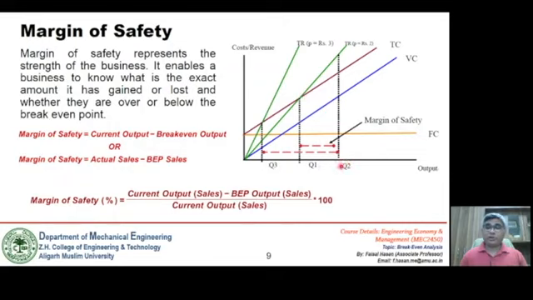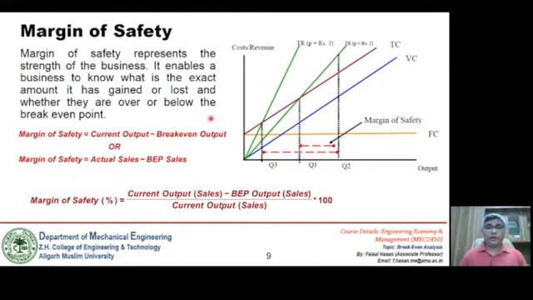If we subtract this Q1 from Q2, where Q1 are the quantities required at the break-even point and Q2 is where we are operating, that is what we call the margin of safety. A negative margin of safety simply indicates that we are operating the business at a loss. So we can define margin of safety as current output minus break-even output. This is in terms of output.